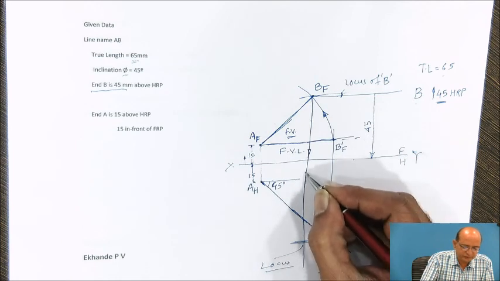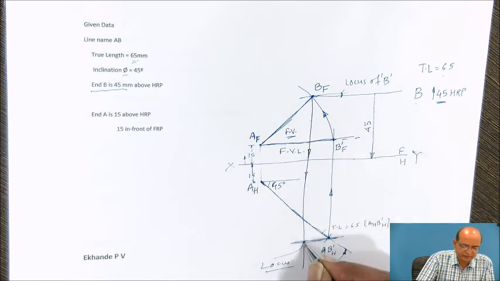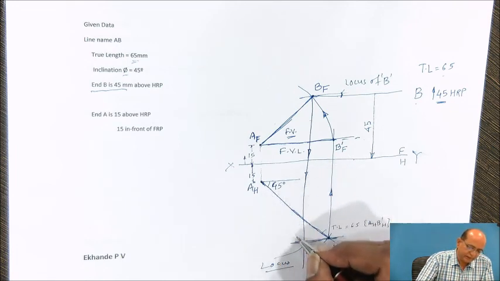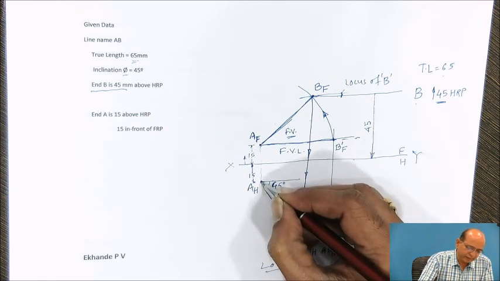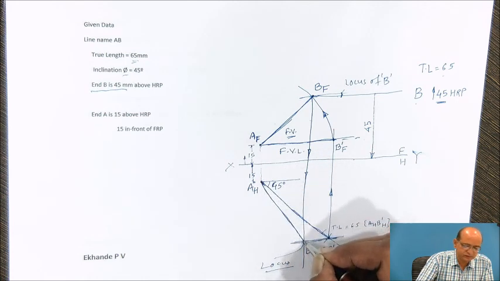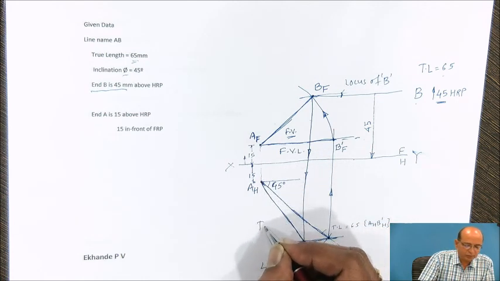We will take the projector in the downward direction, it will have the intersection over here, and that point is BH. The line connecting this BH to AH is top view of the line.